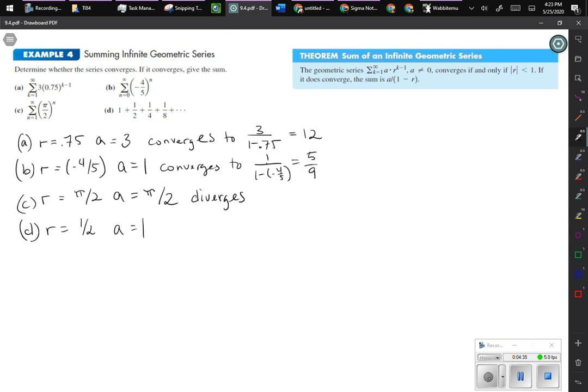And so we do know it converges because r is between 0 and 1, so it converges to 1 over 1 minus half, and that equals 2. And that's it.